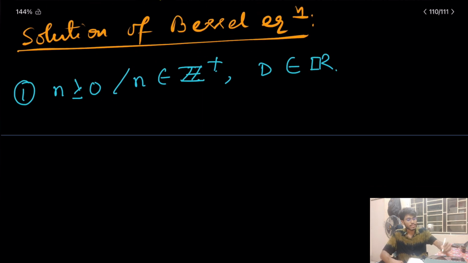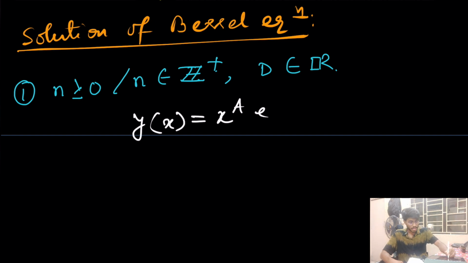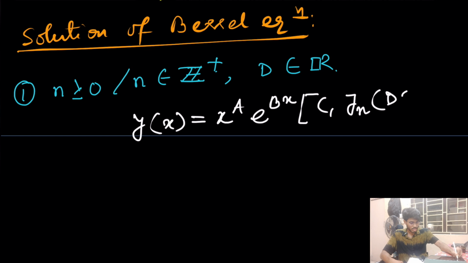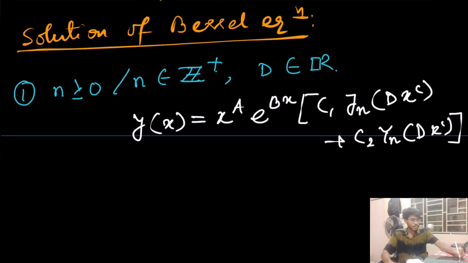If this is the case, then my solution will be y of x is equal to x to the power a e to the power bx [c1 Jn(dx^c) + c2 Yn(dx^c)].